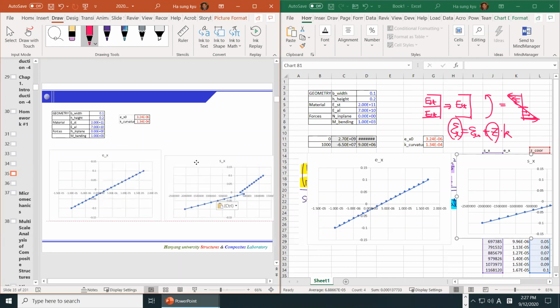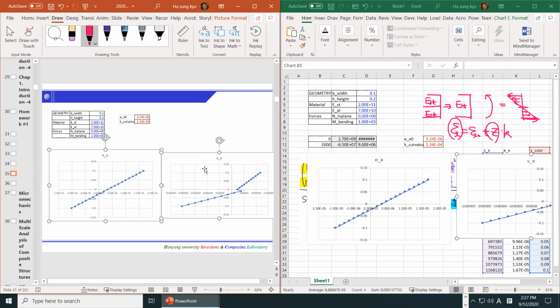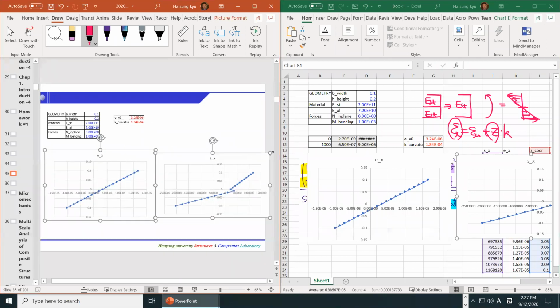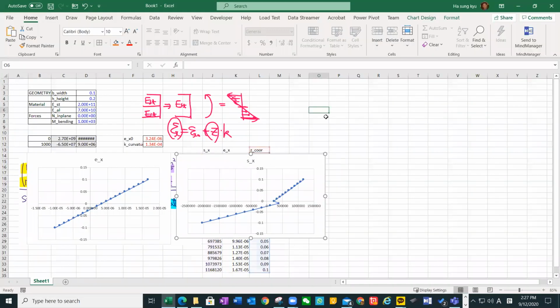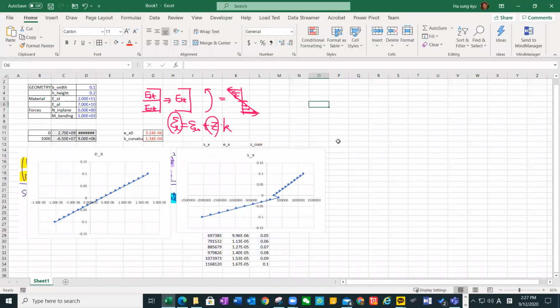Okay, so as you can see, you can do a lot with this Excel for many different thicknesses, loads and material properties. I hope that you guys have the same results. It doesn't have to be the same derivation, but I hope that you have the same results.